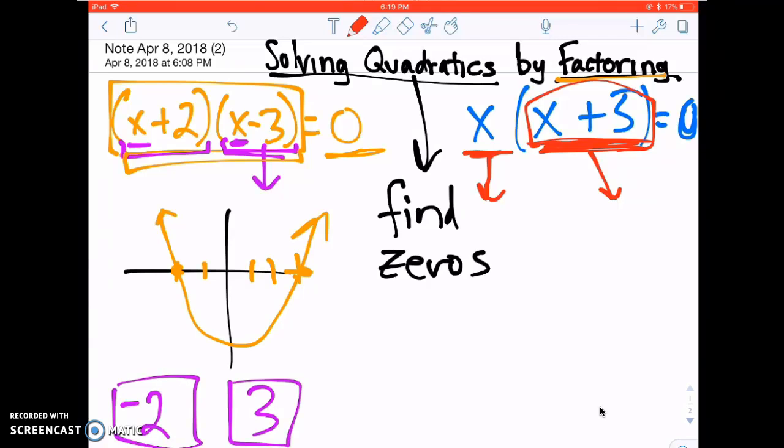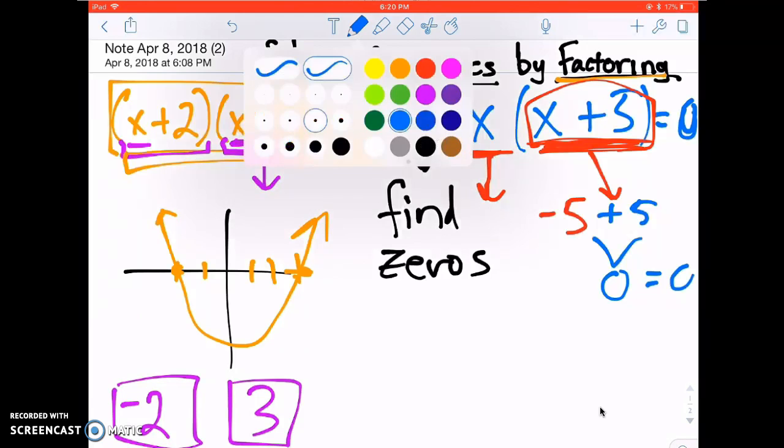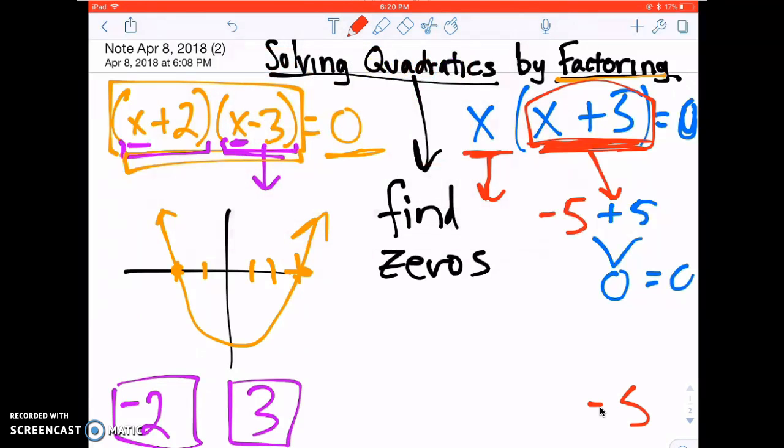This is x plus 5. So what can we add to 5 to get 0? Hopefully you're thinking negative 5 plus 5. Let's check. Would that equal 0? It would, and 0 times anything is equal to 0. So one of our solutions here is negative 5. That's one of our zeros.